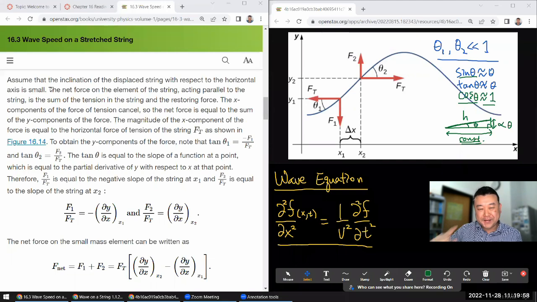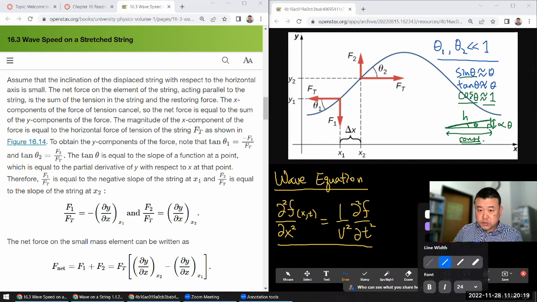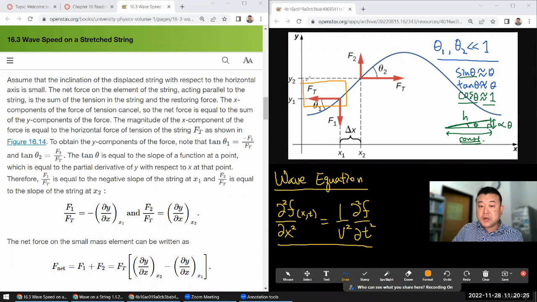So, assume that theta is small. The net force on the element of the string acting parallel to the string is the sum of the tension in the string and the restoring force. The x components of the force of tension cancel. So it's this approximation here that allows you to say that your force of tension is approximately in the horizontal direction, or more precisely, what they are illustrating here is the x component of the force of tension.